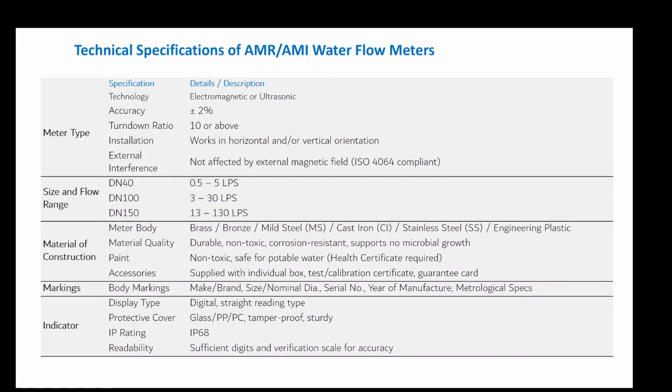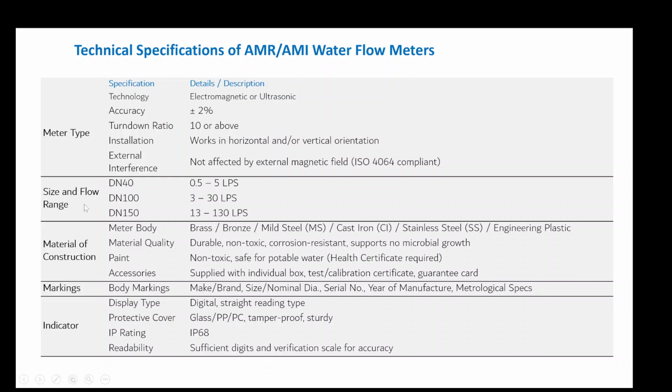Meter type, I already told, is electromagnetic or ultrasonic, accuracy plus minus 2%, turn down ratio 10 or above. Installation works in horizontal and vertical orientations. Not affected by external magnetic field. It should be ISO 4064 compliant. If it is DN 40, then the flow is 0.5 to 5 lps, liter per second.